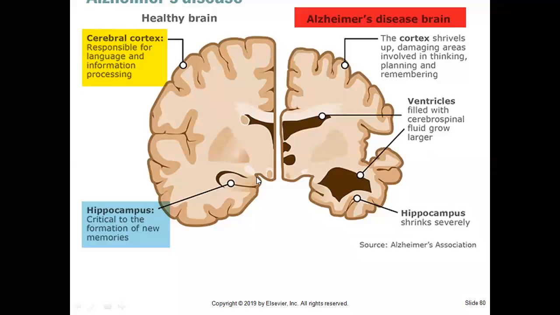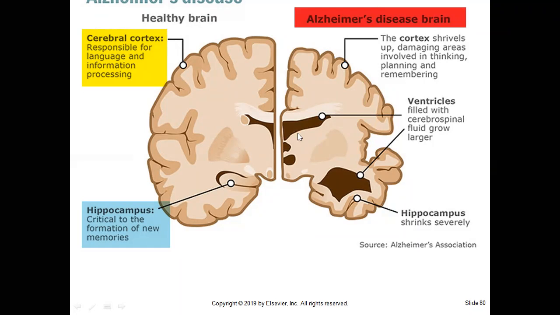If you compare the brain of a person who has Alzheimer disease, you see the cortex area is damaged. When this cortex area is damaged, the patient's thinking process will definitely be impaired: the thinking process, planning process, and language center.